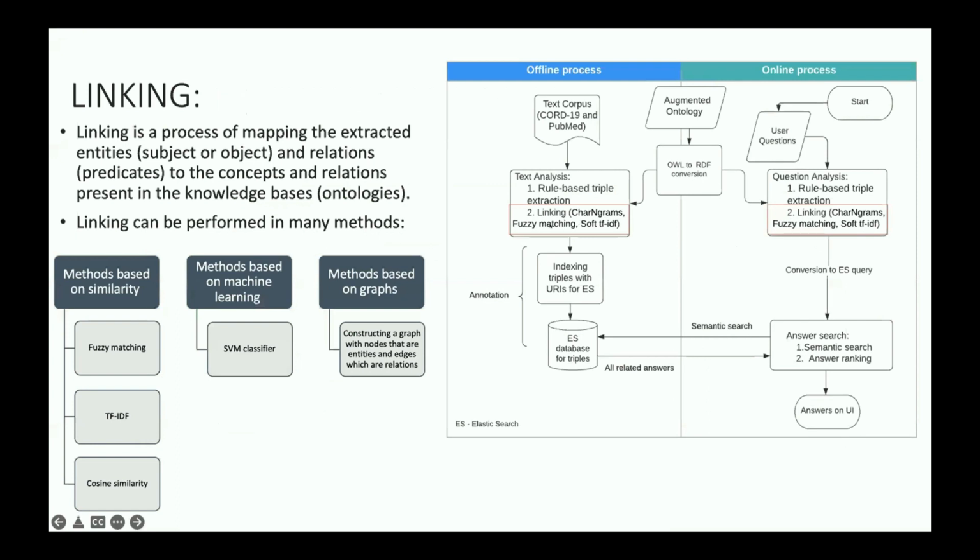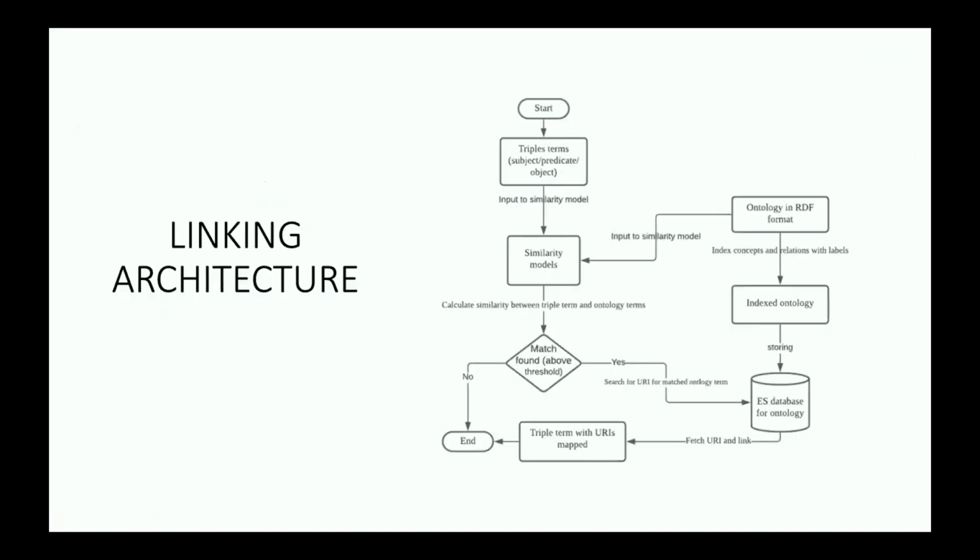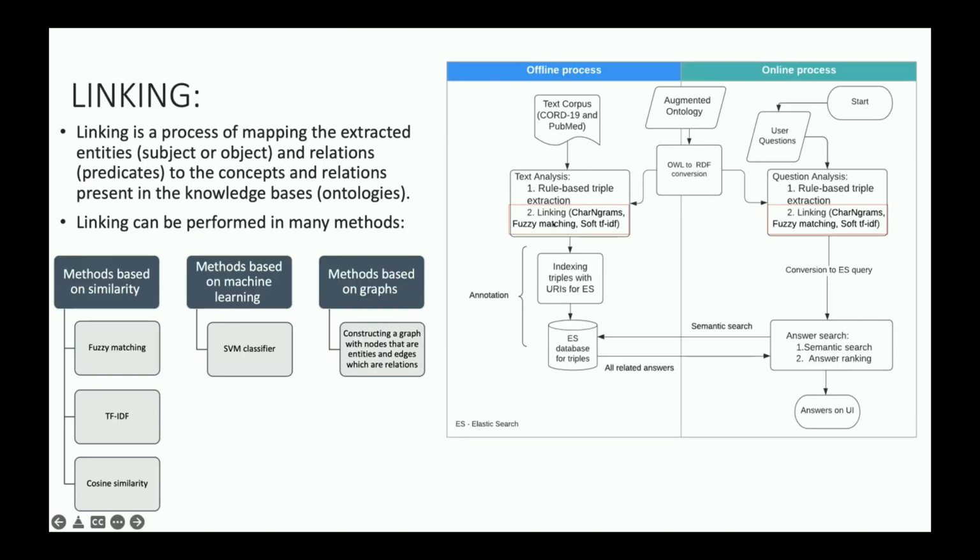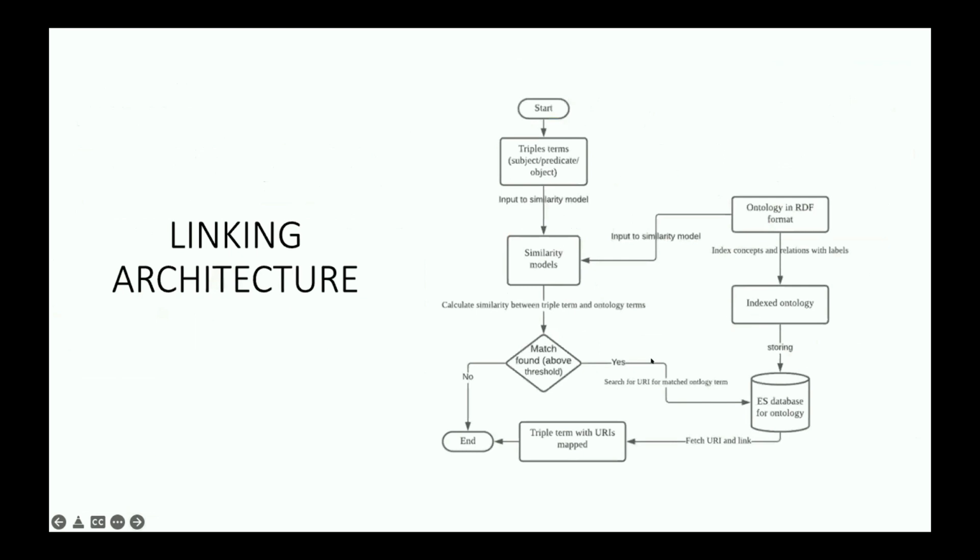Linking is a process of mapping triple terms to ontology terms. In this process, we used methods based on similarity. Other methods that can also perform linking are based on machine learning or on graphs, but we have not chosen these. We have chosen the similarity methods, which are fuzzy matching and TF-IDF, for our experiment. If we zoom into this linking architecture a little, it looks like this. First, the ontology in RDF format is indexed and stored in the Elasticsearch database.